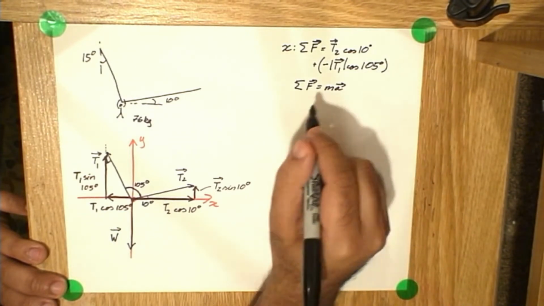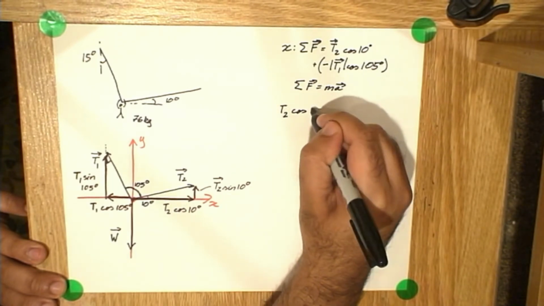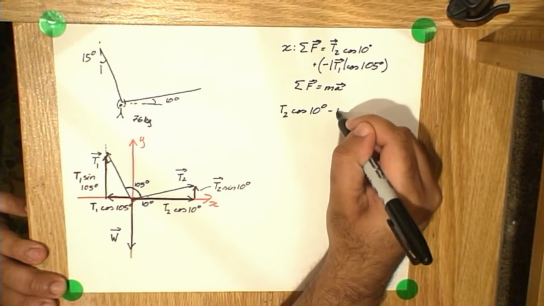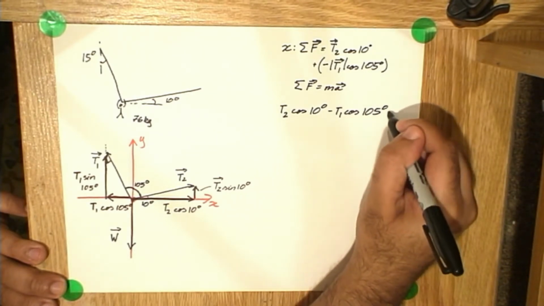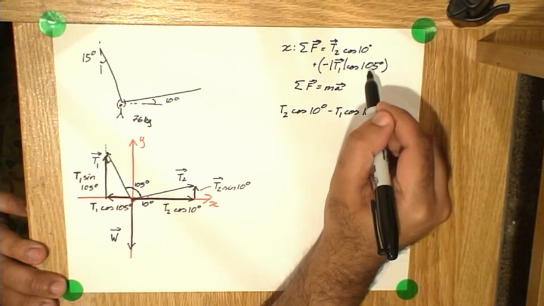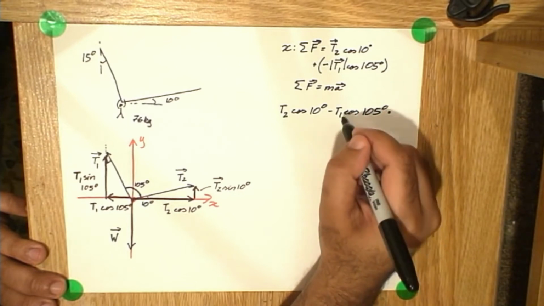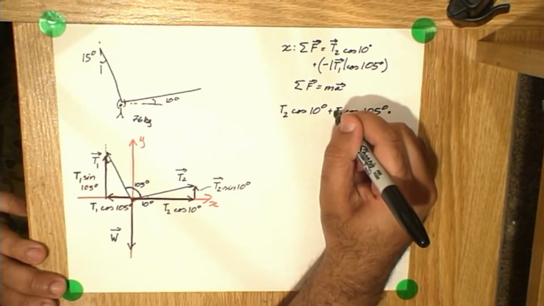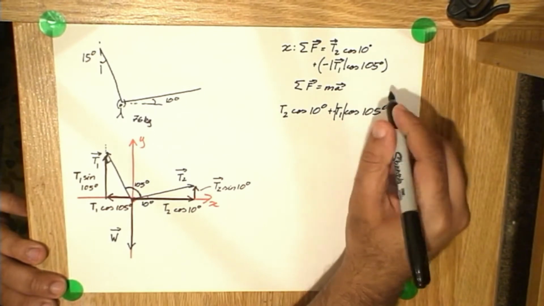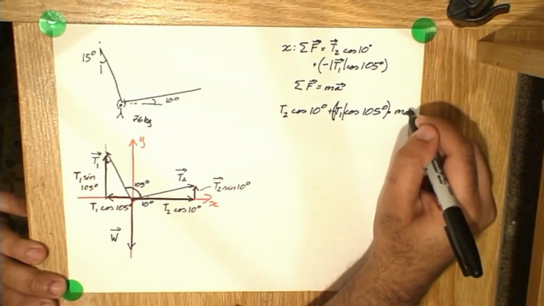So that means that T2 cos 10 minus T1 cos 105, or cos 105 is going to wind up being negative in any case. So correctly speaking, I should keep this absolute value sign here, is equal to mass times acceleration.